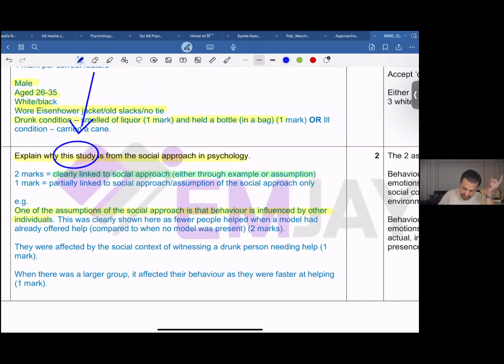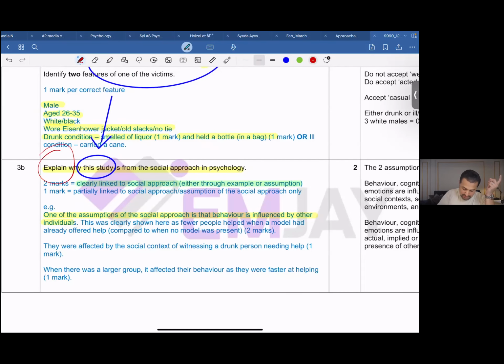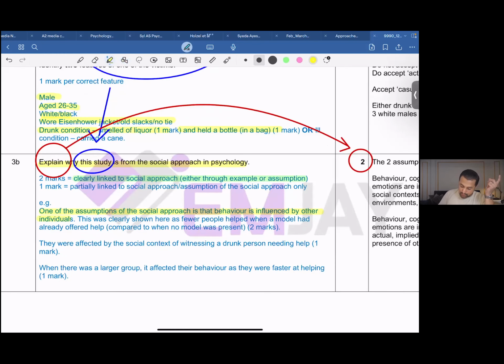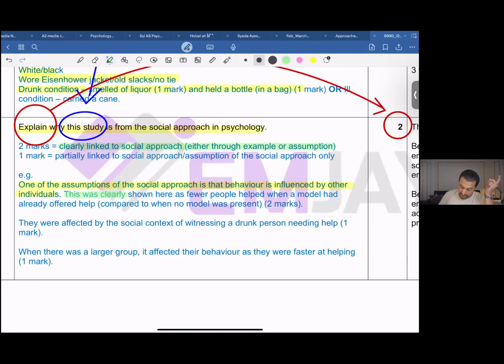Okay. Now this, again, you've been asked to explain, and this question happens to be a 2-mark question. Do not forget this. Now, this was clearly shown here as few people helped when a model had already offered help compared to when no model was present. So make sure you're not losing marks unnecessarily. Do not throw away marks.